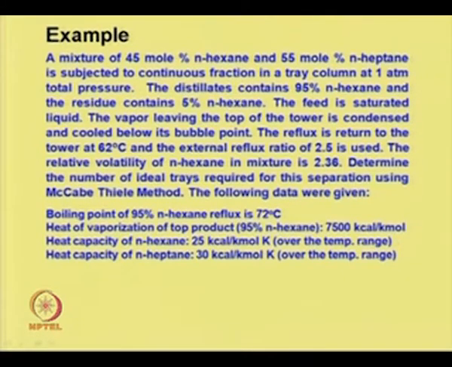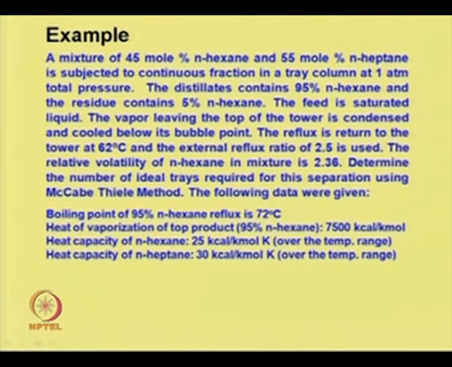The vapor leaving the top of the tower is condensed and cooled below its bubble point. The reflux is returned to the tower at 62 degrees centigrade and a reflux ratio of 2.5 is used. The relative volatility of n-hexane in the mixture is 2.36. Determine the number of ideal trays required for this separation using the McCabe-Thiele method.